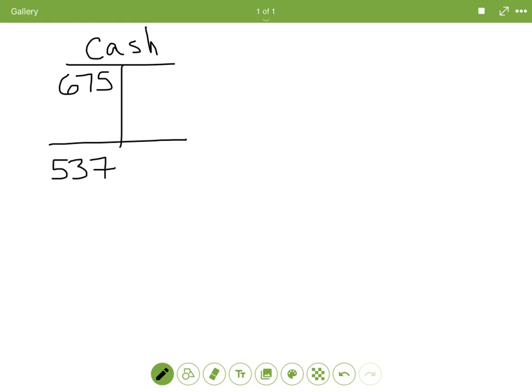We accomplish that by recording a journal entry. The journal entry would debit an expense account for $150 for the EFT transfer. It would also credit sales for $75 for the EFT transfer that we received.